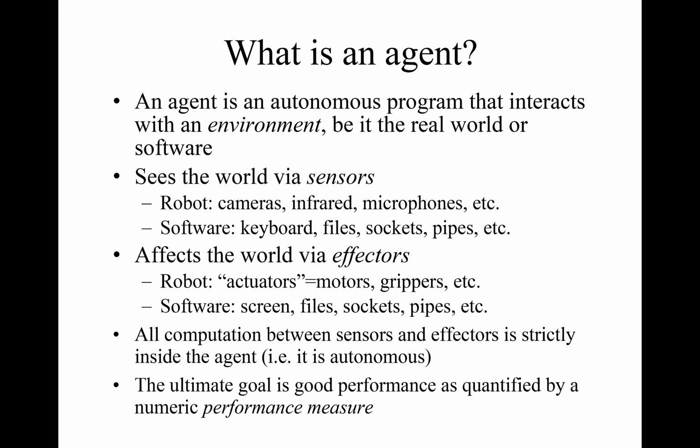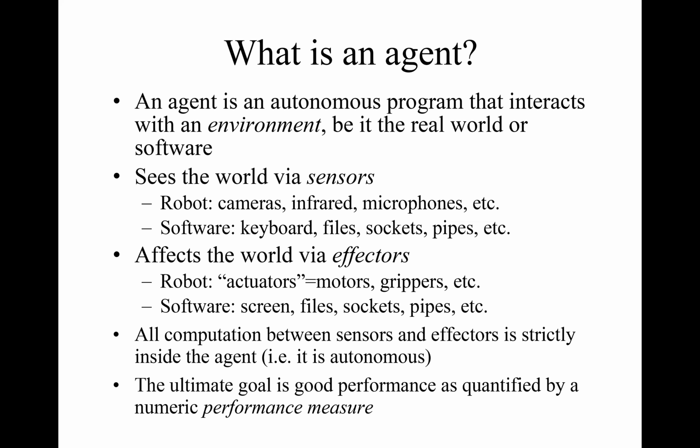Now, the sense in which agents are autonomous is that all computation in between what comes in here and what goes out here is strictly inside the program. So in that sense, it's autonomous. This can mean a real mobile robot that really looks and seems autonomous, but hopefully you buy that even a program doing some lesser, less impressive type of AI might still be considered autonomous in this sense.